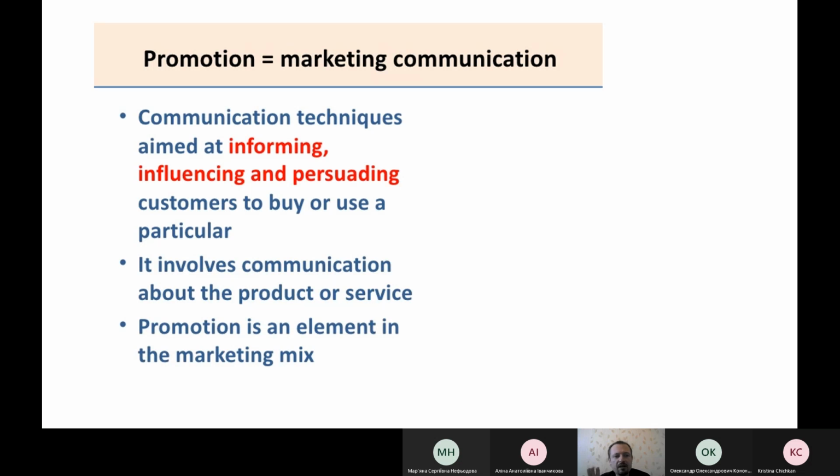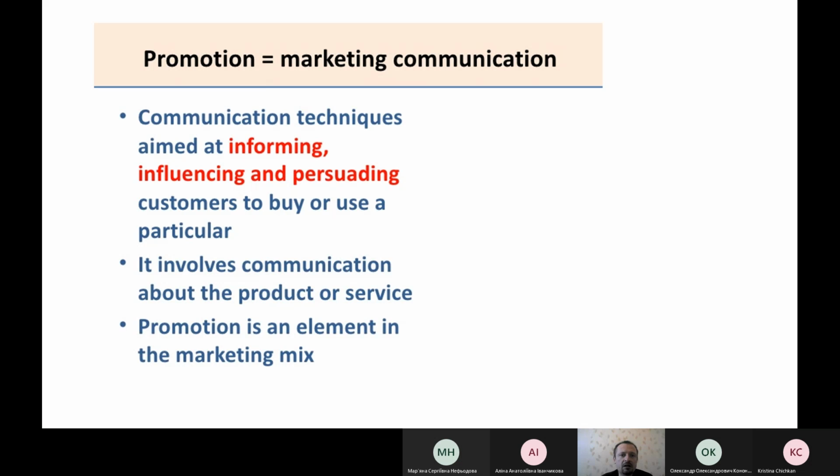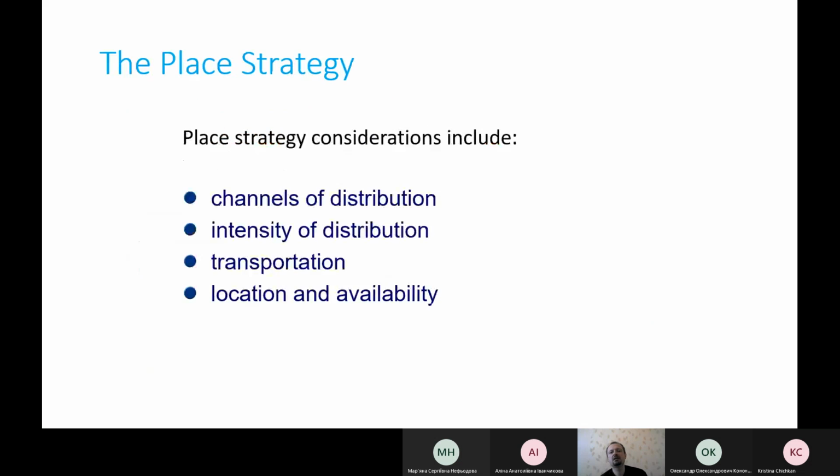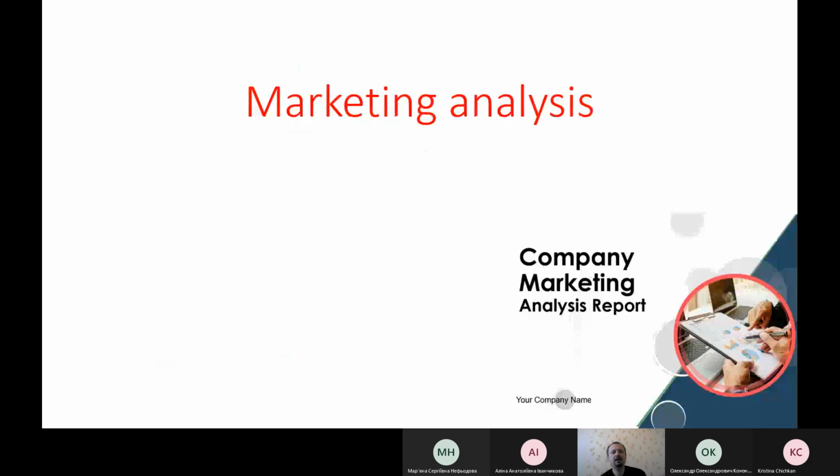Informing and influencing, persuading, it is like two sides of one coin. And this is your next task, which must be presented in 2 weeks. So in 2 weeks, you will present the second chapter.